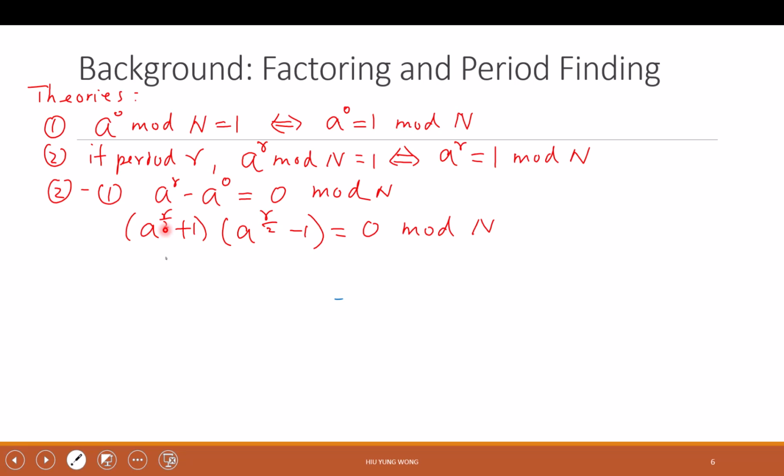Because this is just a plus b times a minus b. Or what I'm trying to say is, this time this becomes a to the power r. 1 times negative 1 actually is just a to the power 0, right? And then this negative a to the power r divided by 2 is cancelled by positive a to the power r divided by 2, right? You just expand it, you get the same thing. It's just regular algebra.